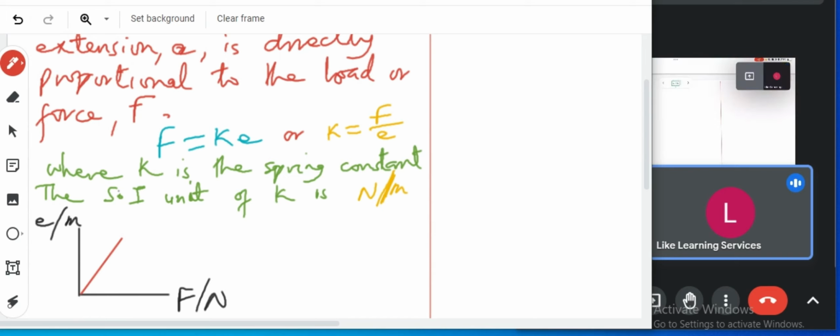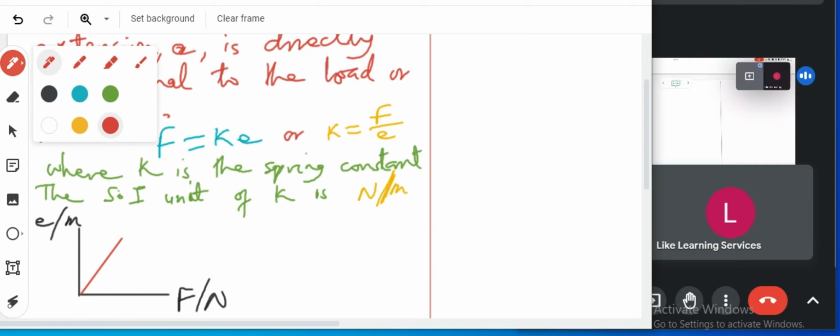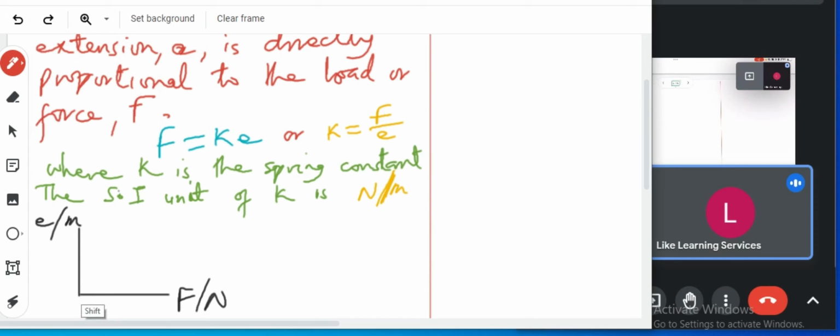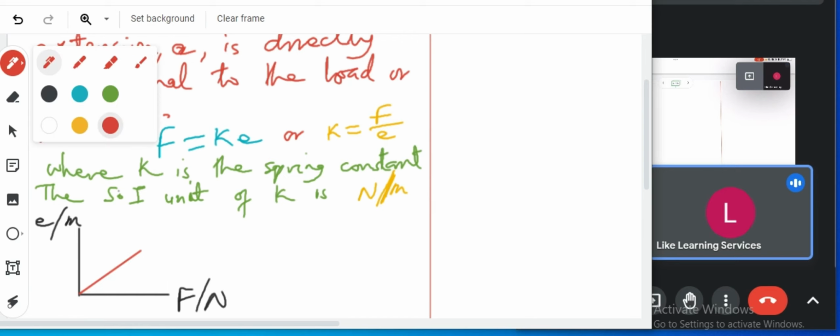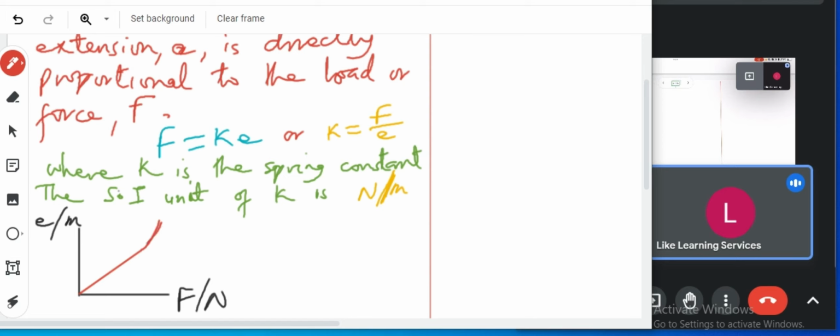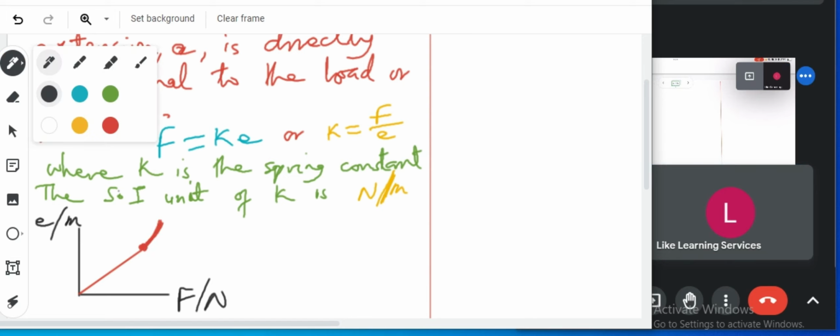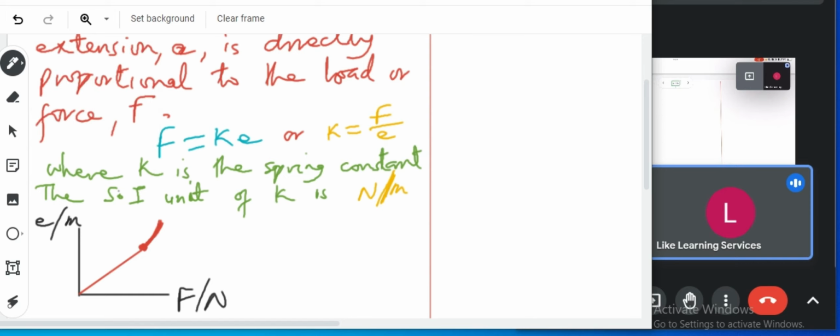Are you on the Jamboard, please? Yeah. All right, let me draw this again. Beneath the elastic limit it is going to be like this. Now, once it goes beyond the elastic limit, it's no longer going to be proportional, so it will curve. This position we can call E, the limit of proportionality or elastic limit.